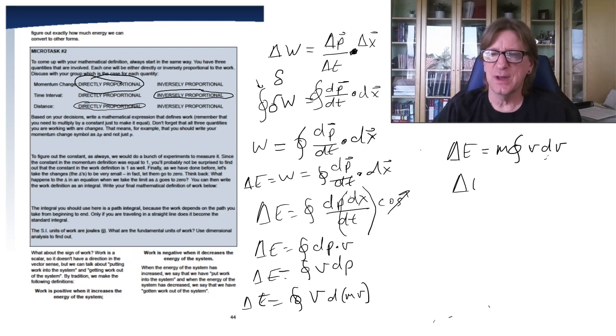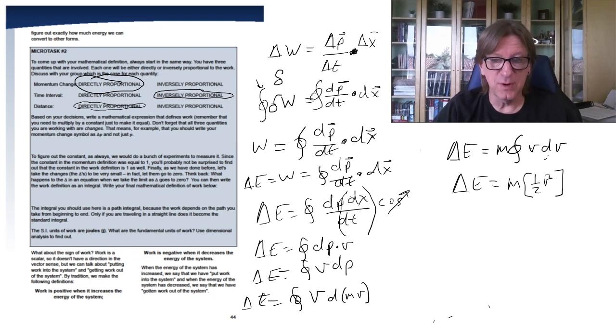Okay, so I've got delta E is going to be equal to m times 1/2 v squared, getting rid of my dv there. Now, this is going to be evaluated for my energy change.